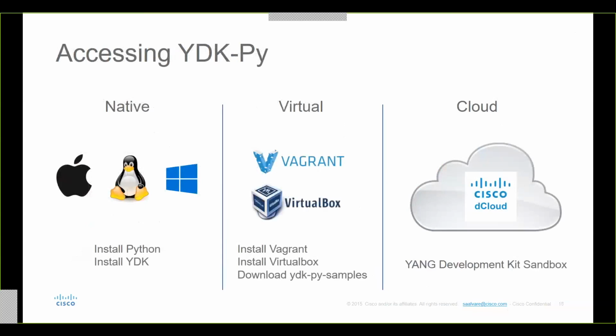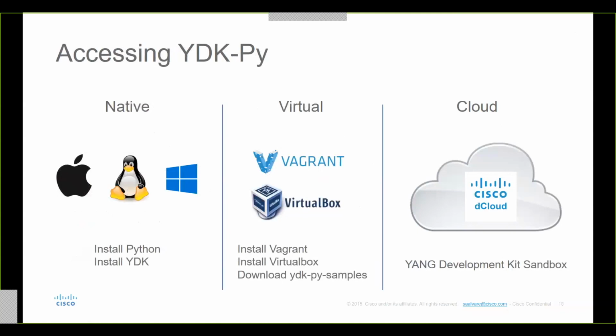So how can you use it? The ideal is that you go on GitHub, you check out the repos, and you install it on whatever box you have. So basically on a device that supports Python, whether it's Apple, Linux, or Windows, you can install YDK.